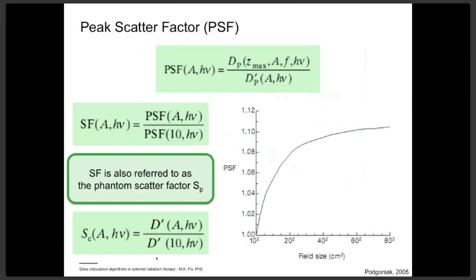So this takes into account the collimator scatter as well as potentially a backscatter into the monitor unit, while this here just takes into account the phantom scatter in the scatter volume of the water. This is due to the fact that the collimator scatter in each peak scatter factor is cancelled out due to this ratio up here. So that provides a method to separate phantom scatter from collimator scatter.